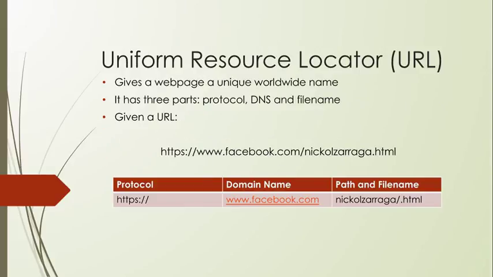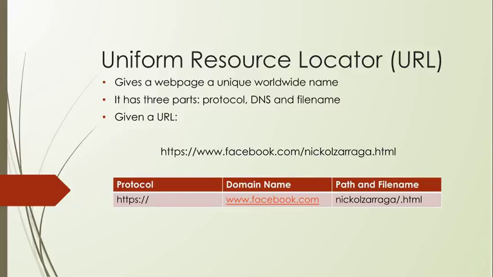Now let's discuss the Uniform Resource Locator or the URL. This gives a web page a unique worldwide name, and it has 3 parts: the protocol, DNS, and file name. As you can see, this is what we usually type in the input part of our web browser.